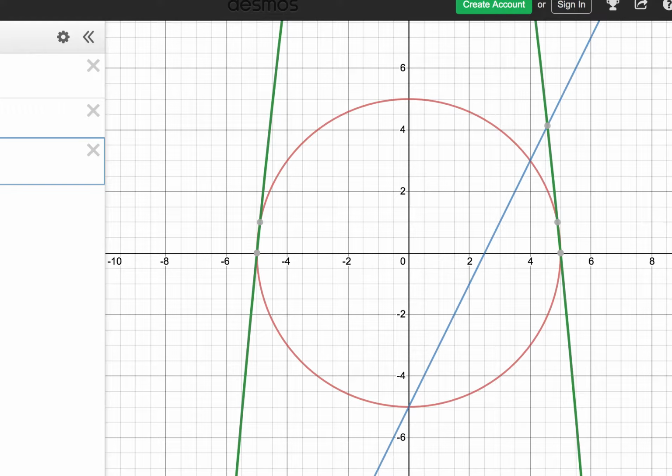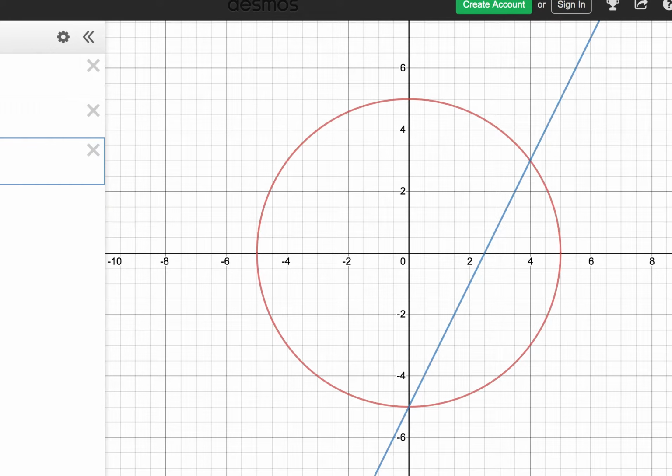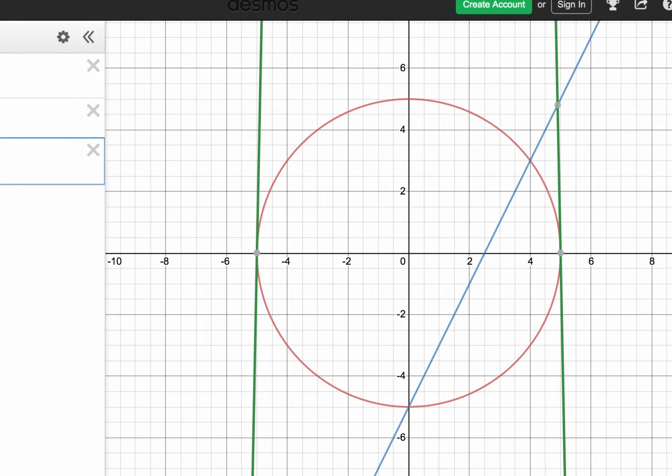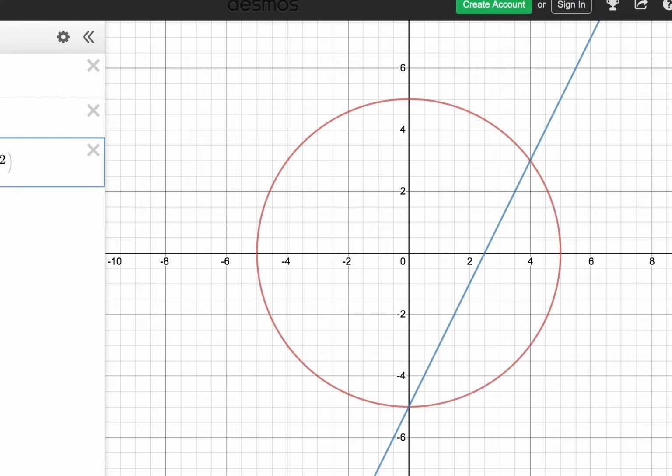I have to take the square root of this, so y equals the square root of 25 minus x squared.